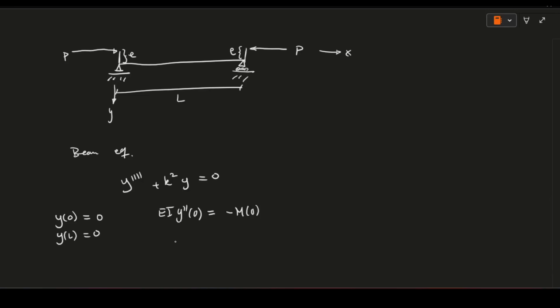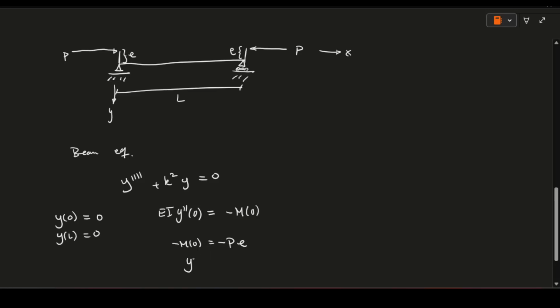So minus M at 0 is equal to this P force times this arm E that goes in the counterclockwise direction. So this is minus PE.